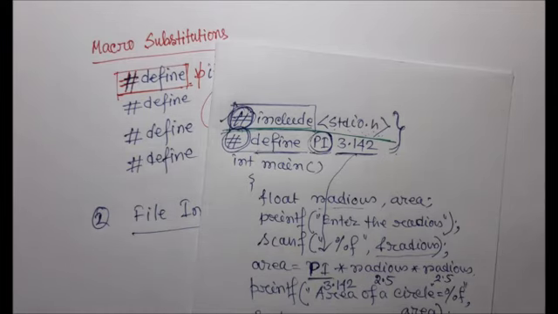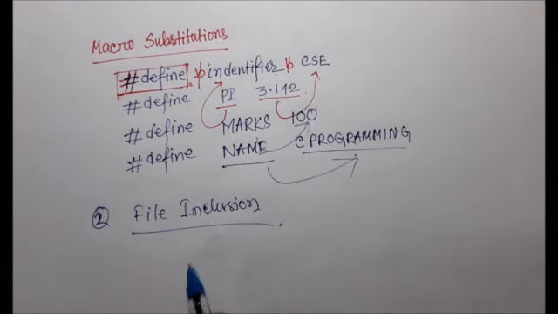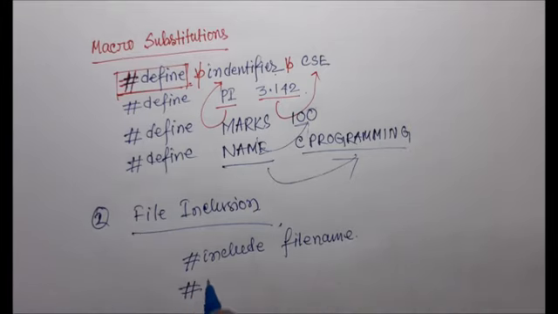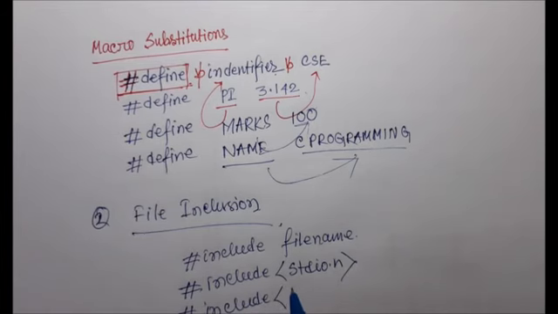The syntax of the #include directive: first we write #, then include, which means I am going to include a file, then we write the file name. We can write the file name in different ways. In my example I have used #include <stdio.h>. Let me write another example, #include <math.h>.